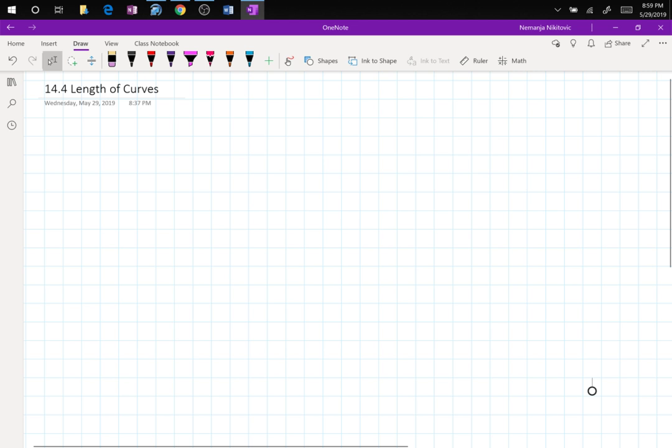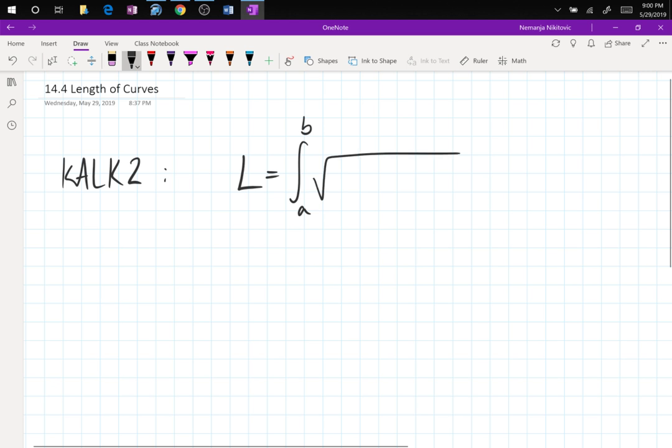We are going to have 3 formulas for 3 different situations. Out of these 3, you already covered one. So in Calc 2, you learned that length of curve is given by integral a to b, square root, can anyone help me with this? 1 plus dy dx squared.